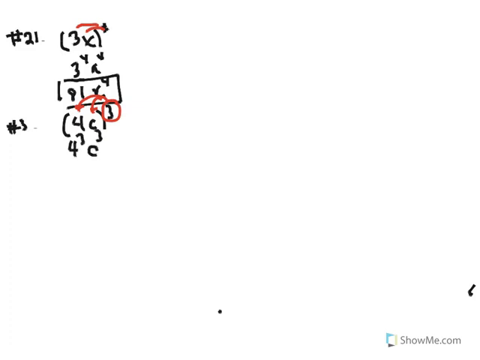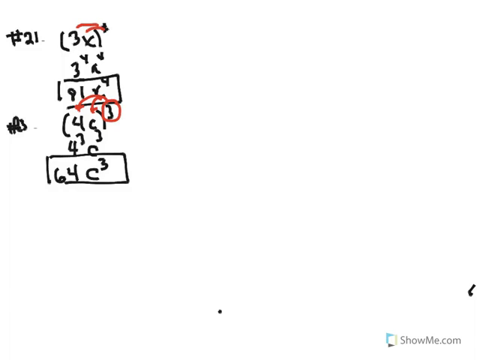Now, what is 4 to the third? 4 to the third is 4 times 4 times 4, which is, 4 times 4 is 16, and 16 times 4 is 64. So I have 64c to the third, and that is the answer for problem number 23.